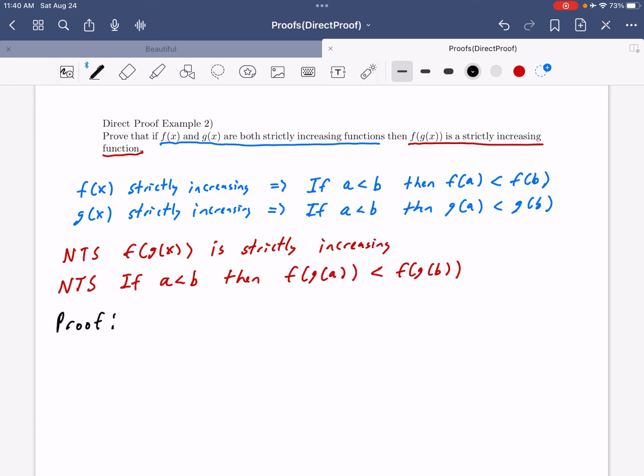So we're going to get to use that additional assumption. So let's go ahead and let A be less than B. So we're going to assume that A is the small input, B is the larger input, right? We're going to start from there.